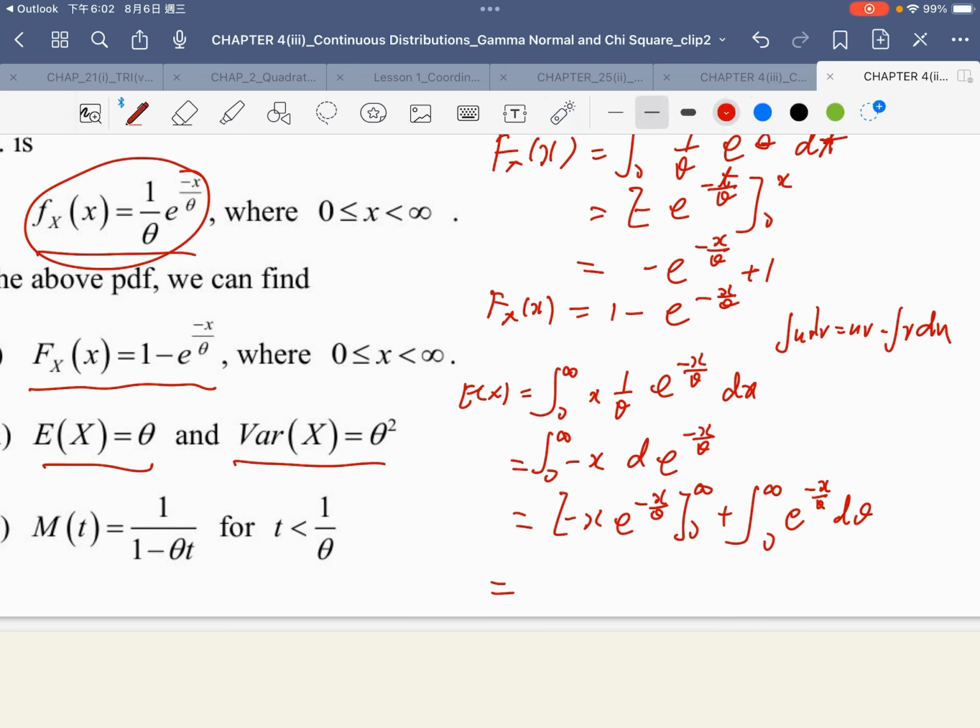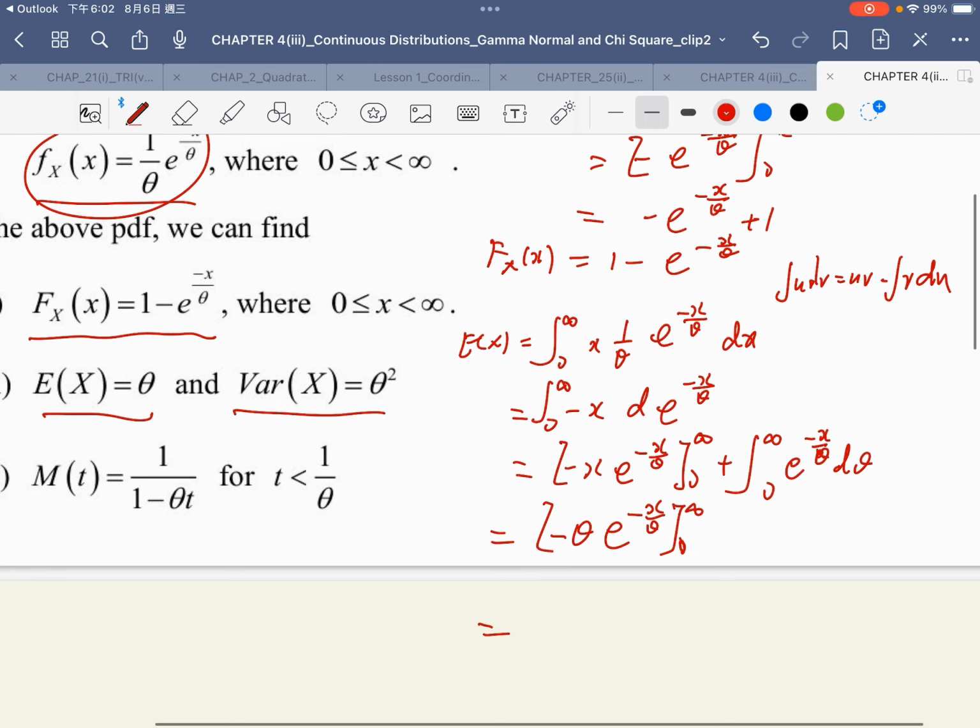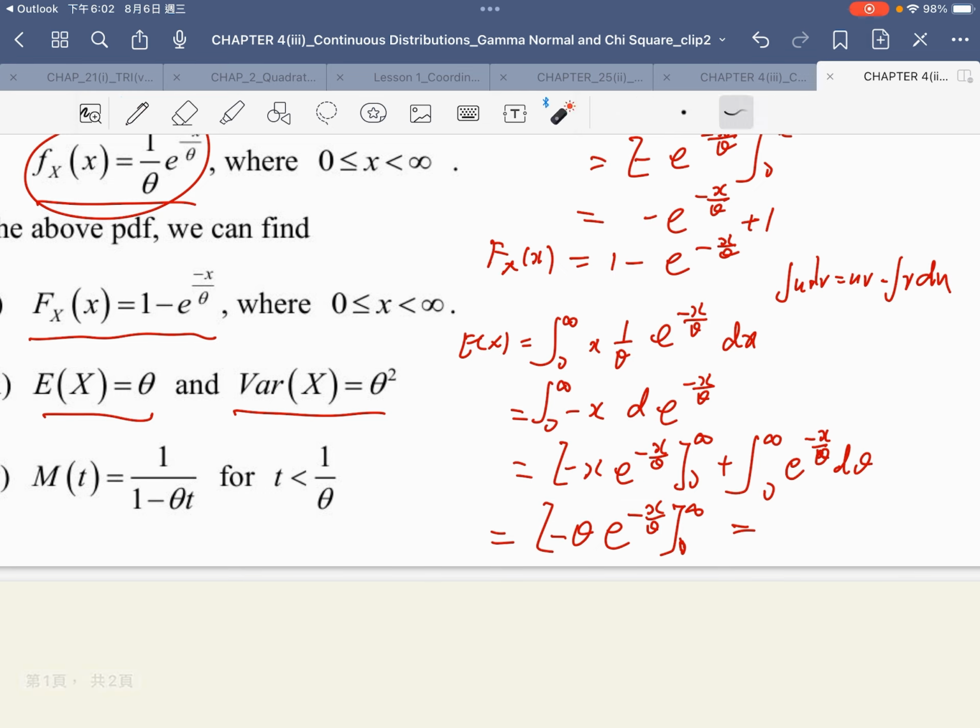That overall is 0. Then the second part is 1 over negative theta times e to the power negative x over theta, evaluated from 0 to infinity. Putting infinity in gives 0, and putting 0 in gives 1. With the negative theta here, that becomes positive theta. That is the mean of the exponential distribution.